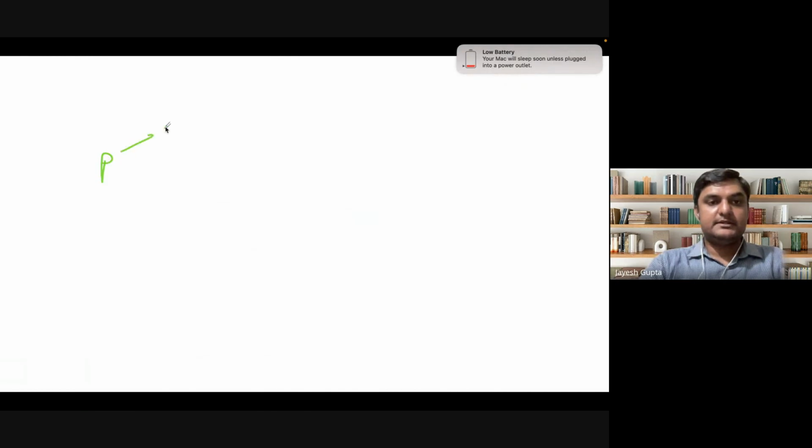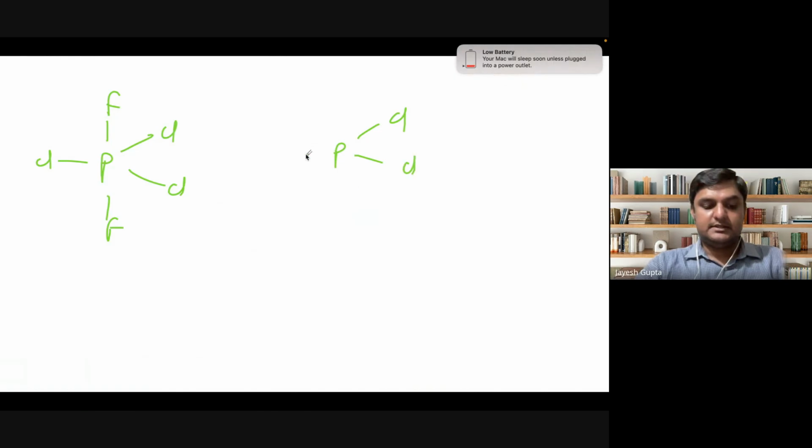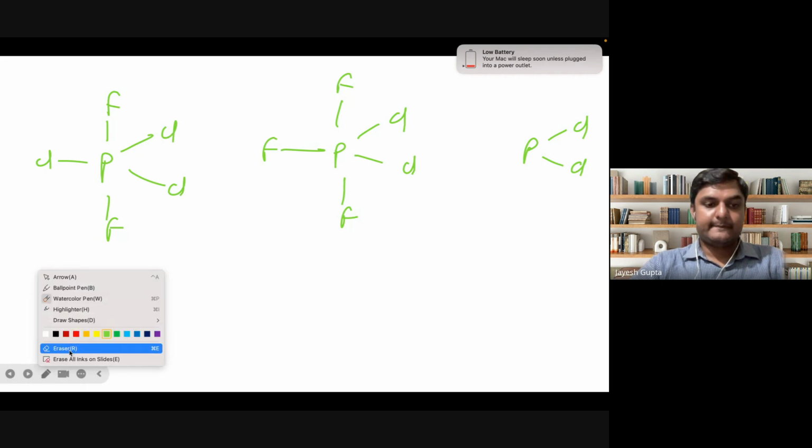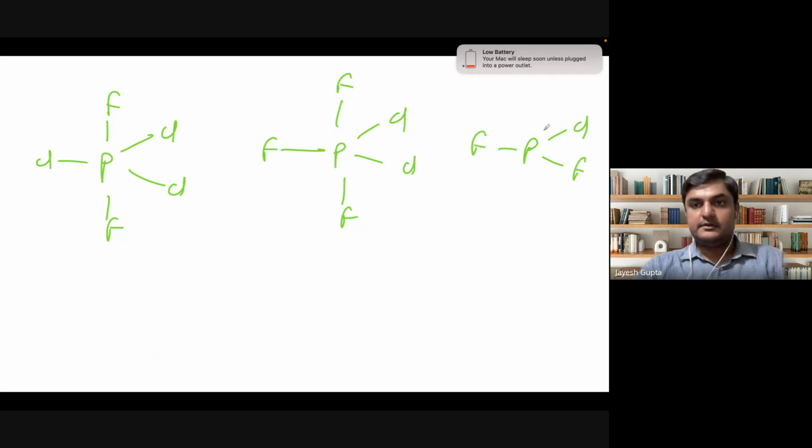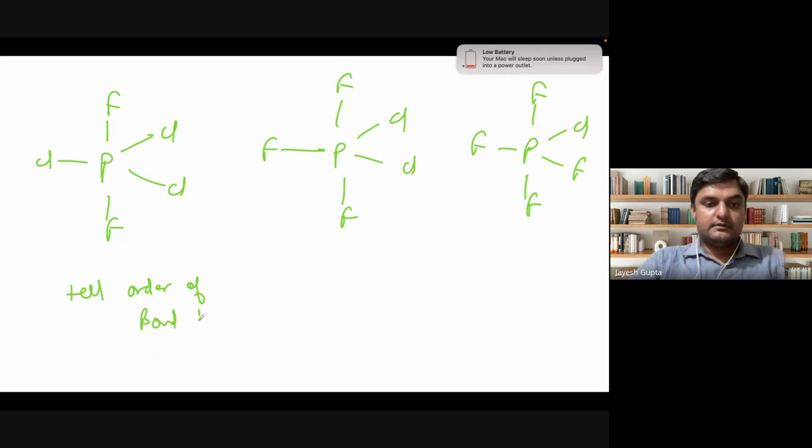Three compounds are given: PCl with Cl, Cl here and F and F here. Then PCl with Cl, here F, here F, here F. Then PCl with Cl, F, here F, here F. Now here you have to tell the order of the PCl bond length.